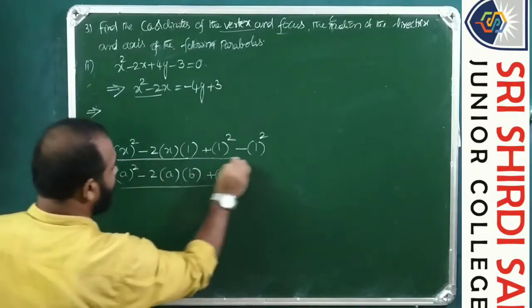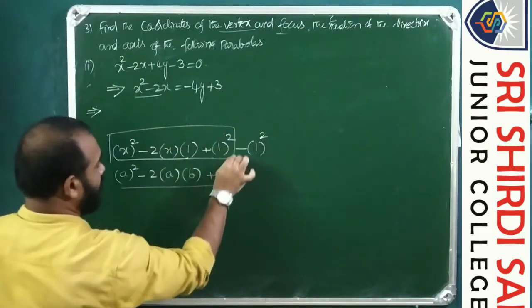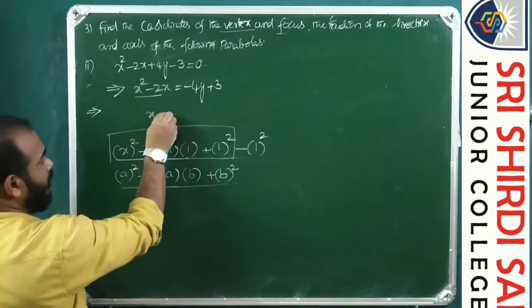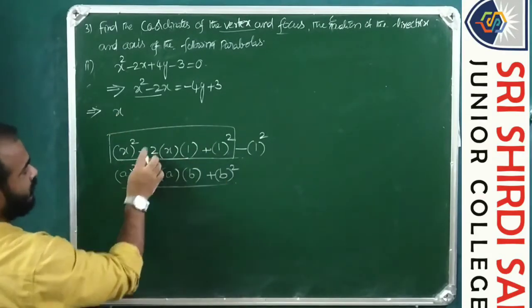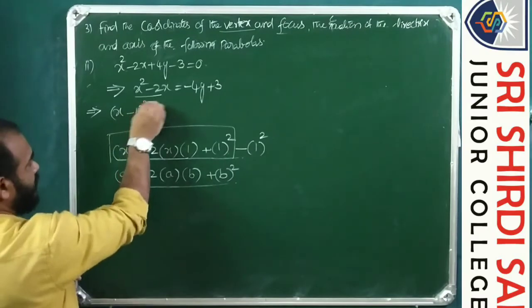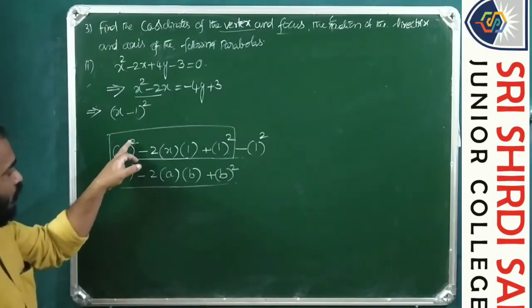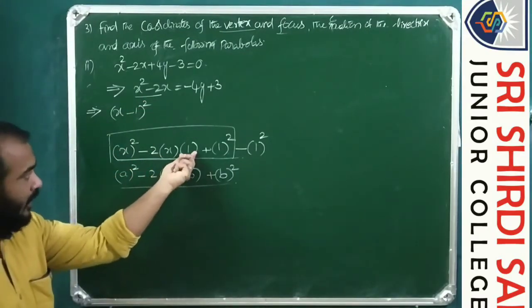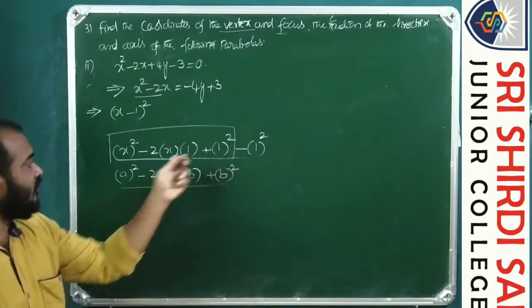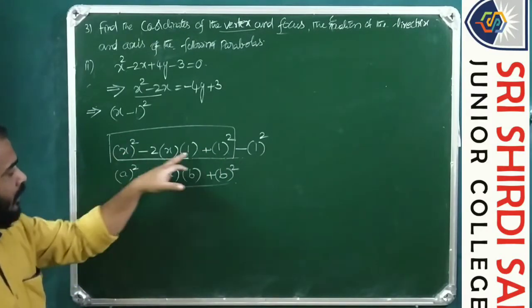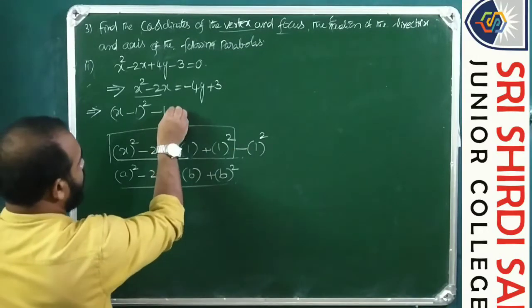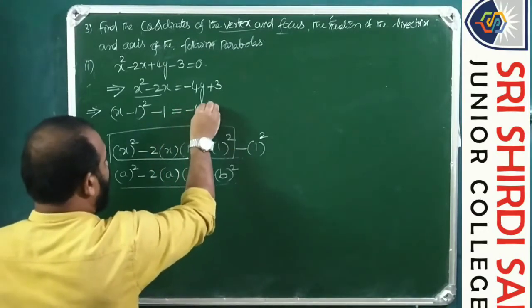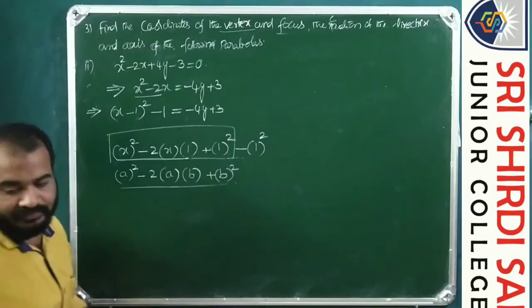So this is (x minus 1) whole square, where a is x and b is 1. So (x minus 1) whole square minus 1 equals minus 4y plus 3.